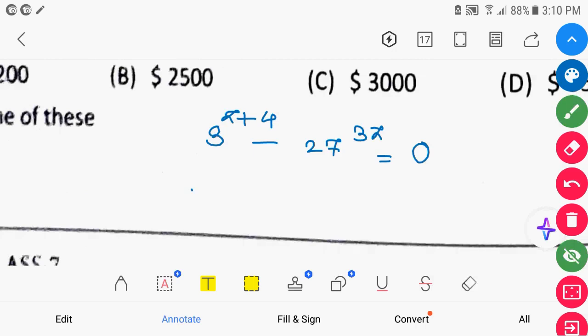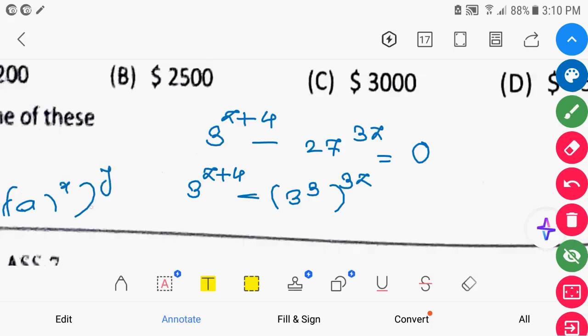Now 3 raised to z plus 4 minus 27 is nothing but 3 raised to 3 and raised to 3z. We had learned the property of exponents: a raised to x raised to y is equal to a raised to xy, which means we multiply the exponents.